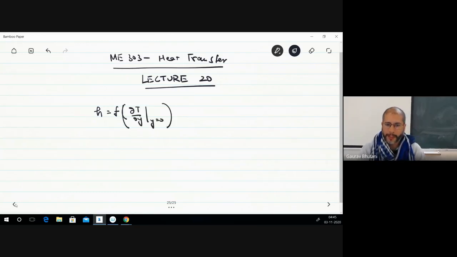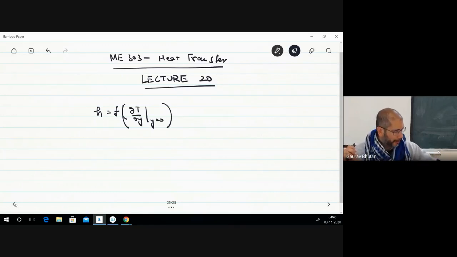So you have to know the temperature profile inside the boundary layer, and then you can find this del T by del y at y equal to 0 and find the functional form of h. So like you had in conduction, we'll have an equation for convection where you can solve this differential equation to get the value of temperature as a function of y. So we'll do that in a while.